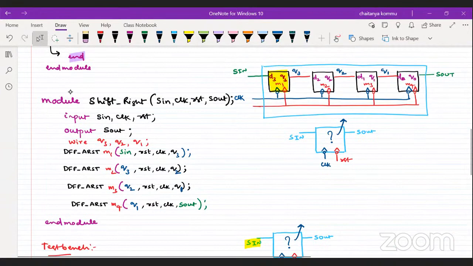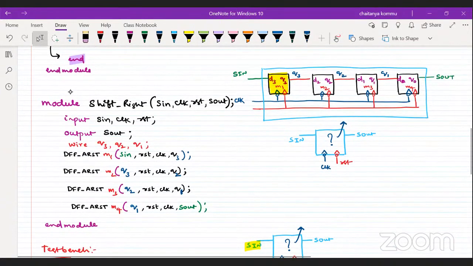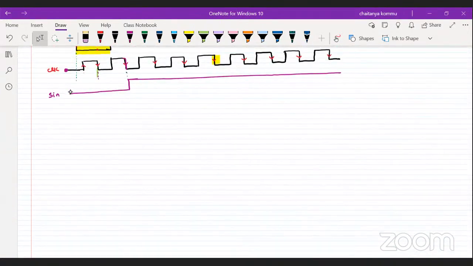What about shift right operation? Okay, so I would like to discuss shift right operation. Sorry, shift left. Shift left register.